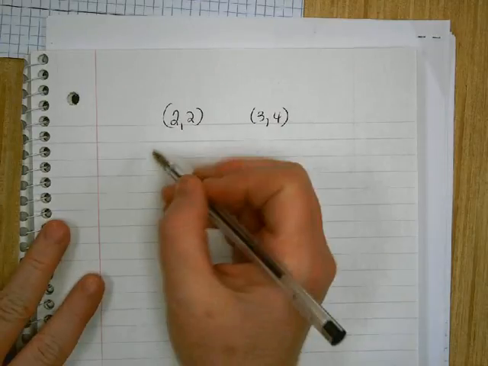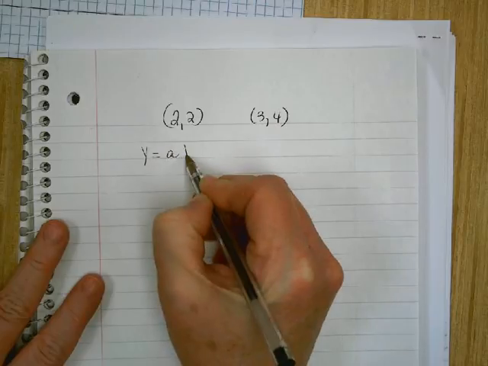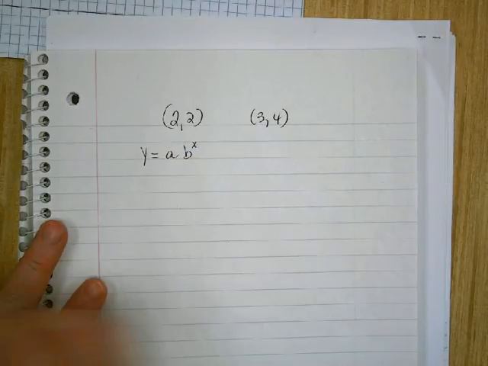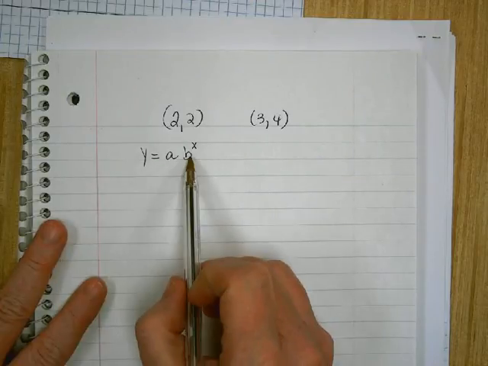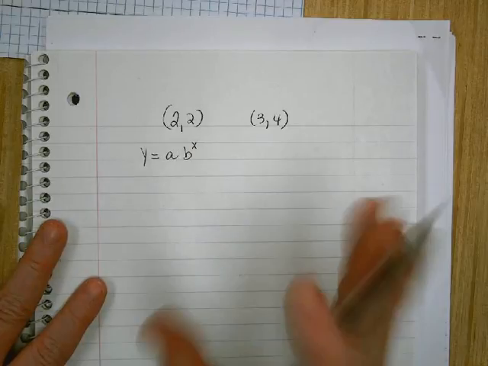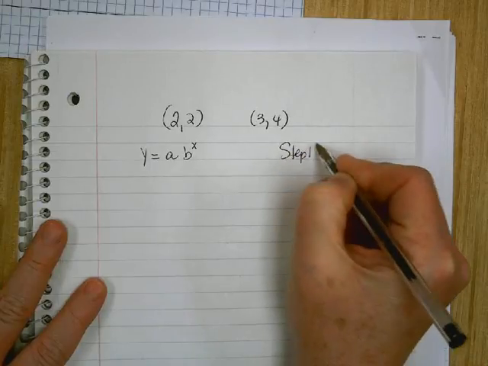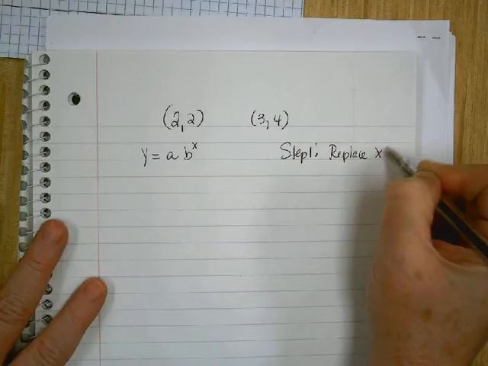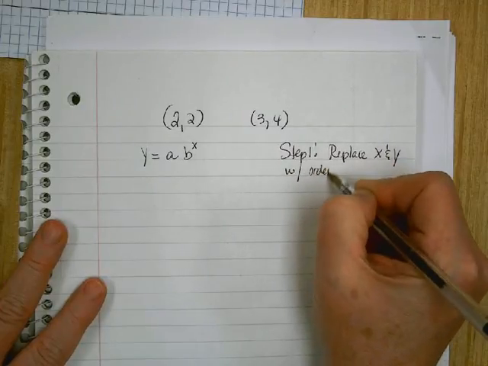But let's start here. Here's your general formula: y equals A times B to the x. Now, you remind me, A means what? Starting point, starting amount. And B is your growth factor or your decay factor, depending on whether you're getting larger or smaller. Step 1, write this down with me: replace x and y with an ordered pair.